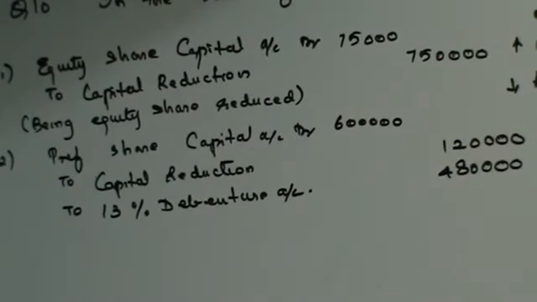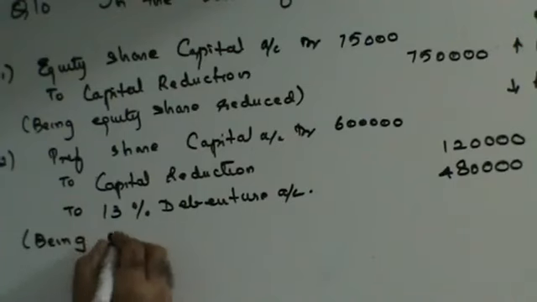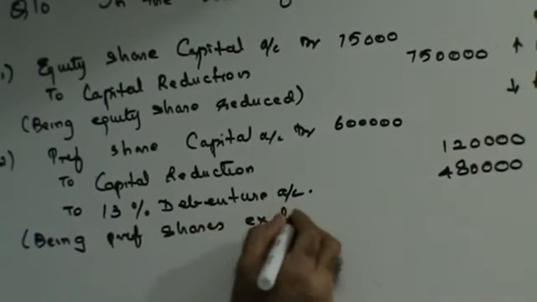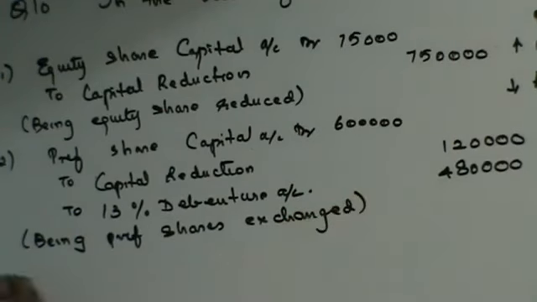So that means 1,20,000 is going to be written off. You are taking in preference shares. Instead of that, you are issuing debentures, and the balance being written off, being preference shares exchanged. Right?